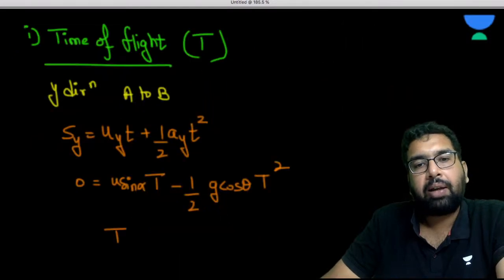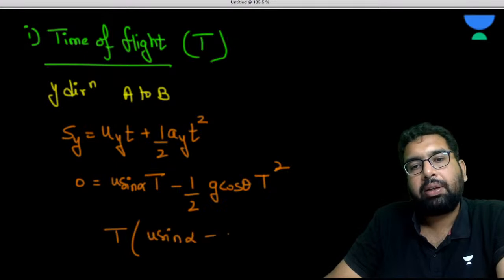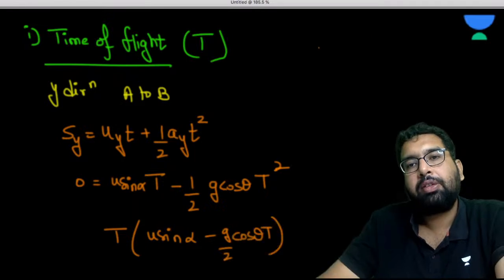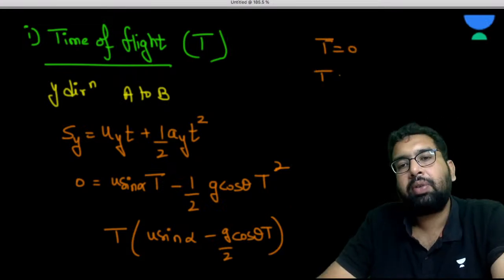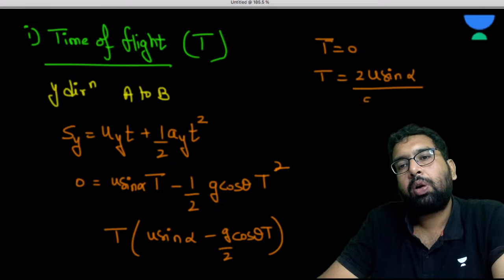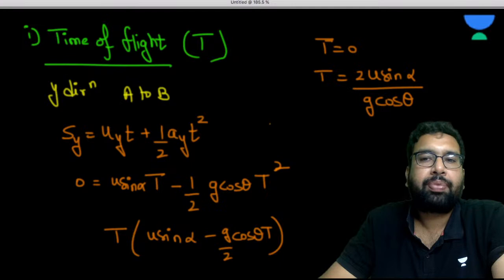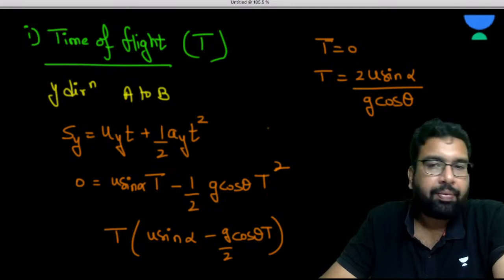So what we are getting is t times u sine alpha minus g by 2 cos theta into t, right? So from here t is 0, that is, it is showing you the initial position, and the other one is t equal to 2u sine alpha upon g cos theta, right? Is it fine or not? Please answer me, right? Okay.